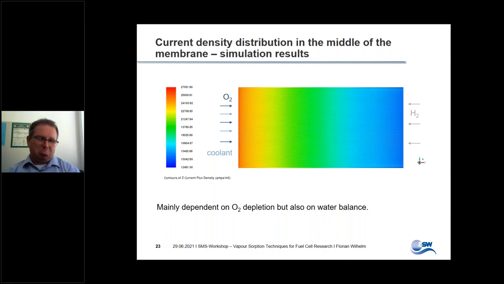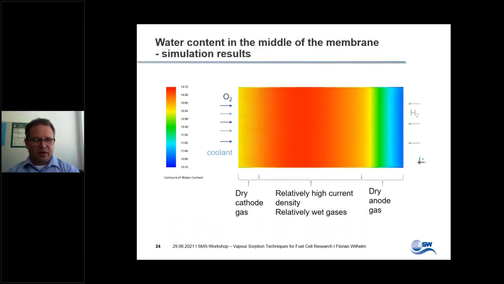That's a result from modeling that can also be found in experiment. This is mainly dependent on the oxygen depletion over the flow field, but the water balance is also an important influence factor, because the water balance does not follow this linear trend.